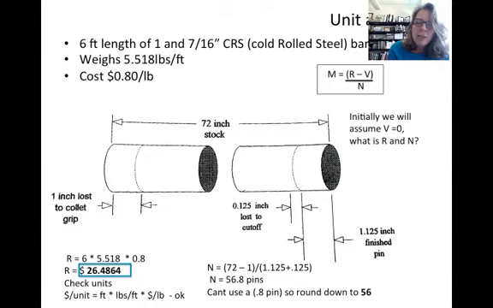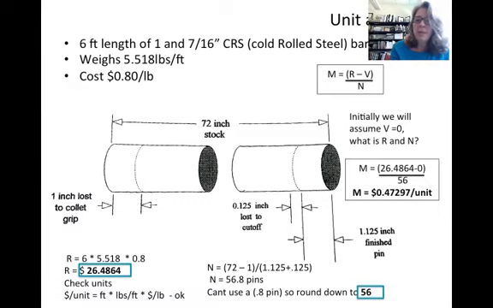So really, each part requires 1 1/4 inches of this bar stock to produce. So when we calculate 71 divided by 1 1/4, that ends up being 56.8 pins. But if we're looking for a whole pin, we actually can't use 0.8 of a pin. So we round down to 56. So when we look at a 6 foot length of bar stock, we get 56 pins out of it.